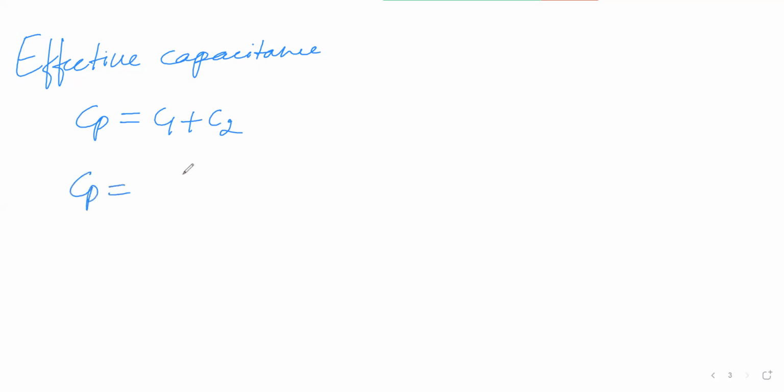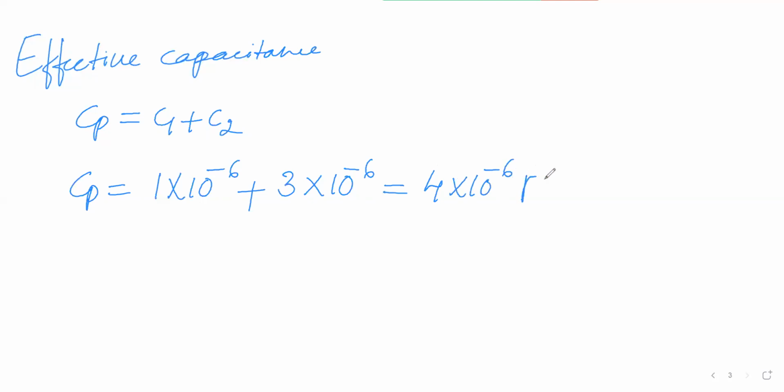Cp equals 1 into 10 to the power minus 6 plus 3 into 10 to the power minus 6. Adding together, we get 4 into 10 to the power minus 6 farad. Farad is the unit of capacitance.